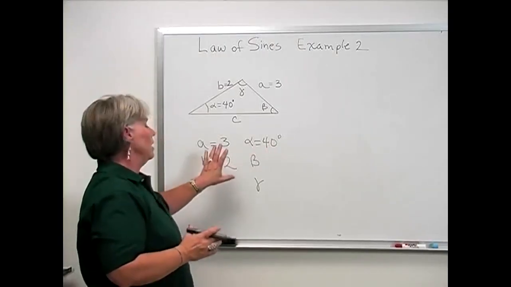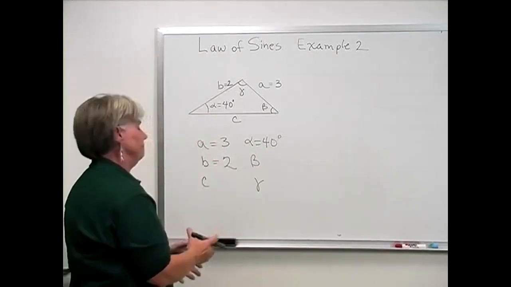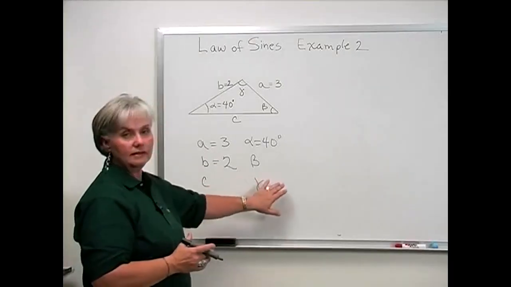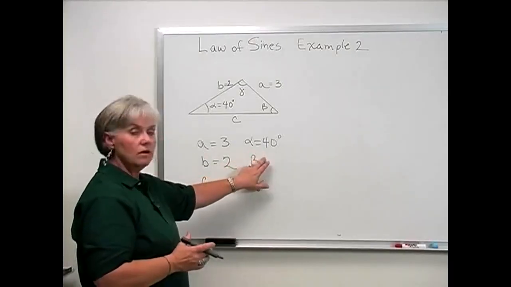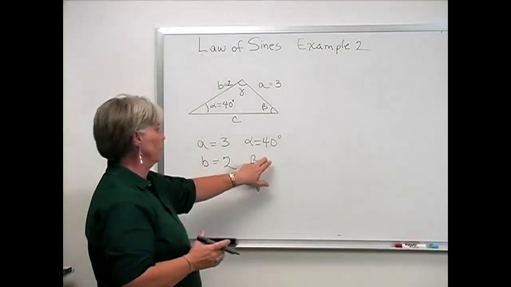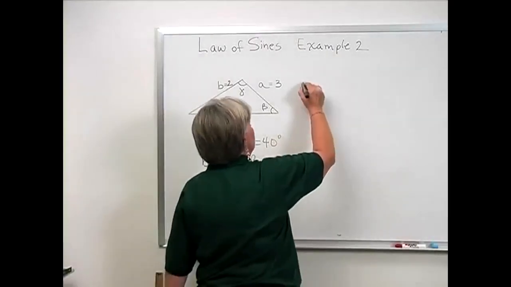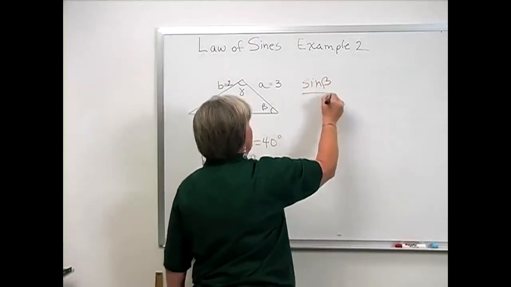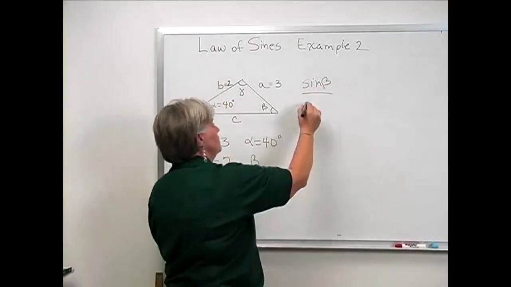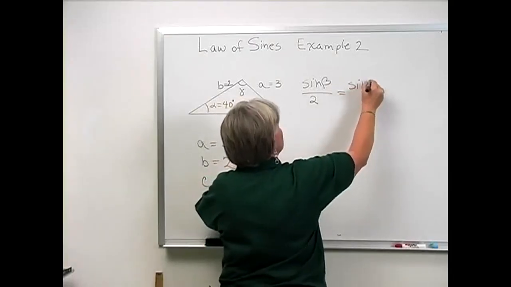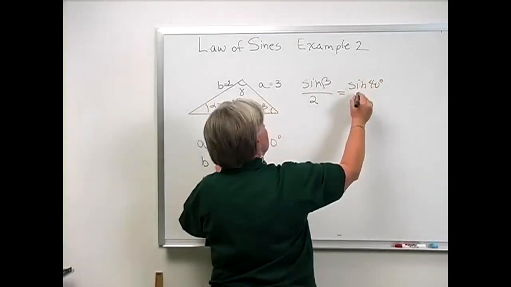So now we look at this and we say, all right, what's the first thing I can find? Well, obviously I don't have any way of finding c or gamma, but I can use the law of sines to find beta. So I'm going to set up my ratio. I know that the sine of beta is to 2, which is side b, as the sine of 40 degrees is to 3.